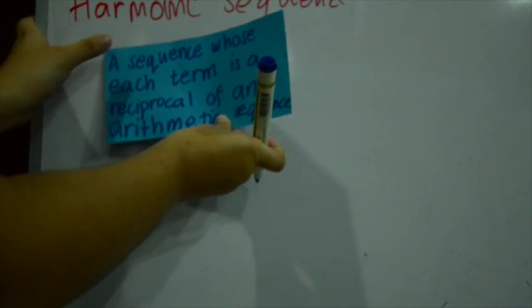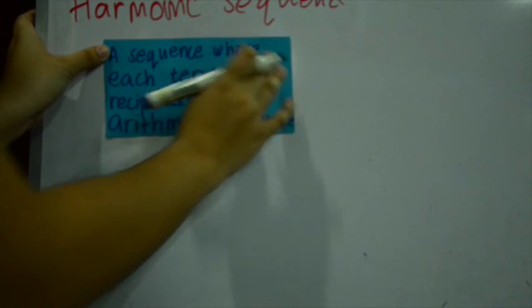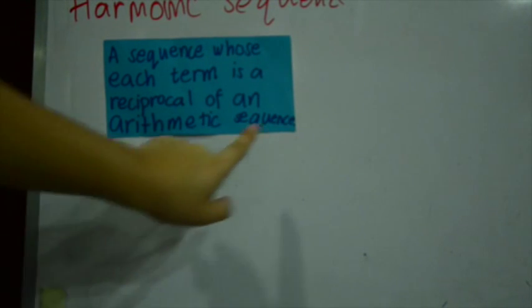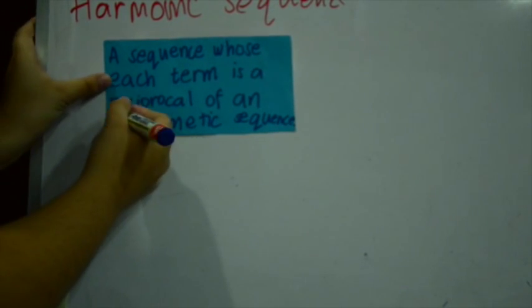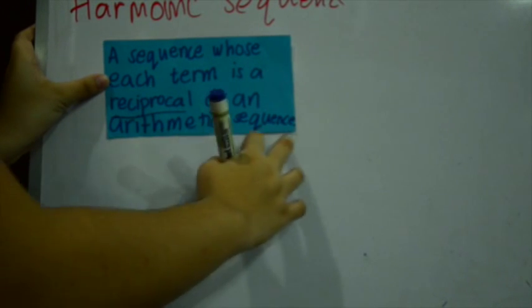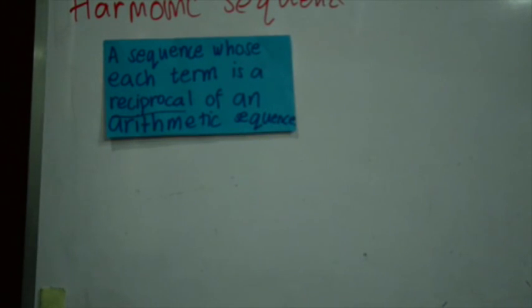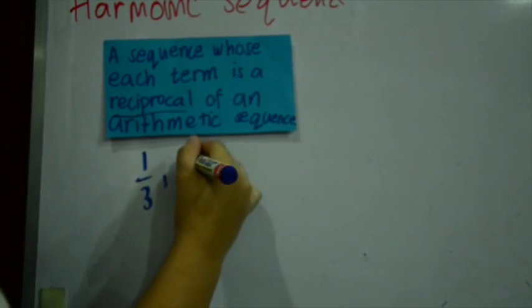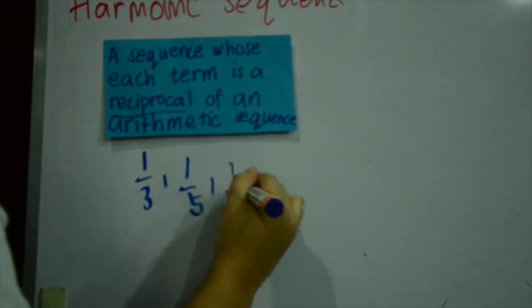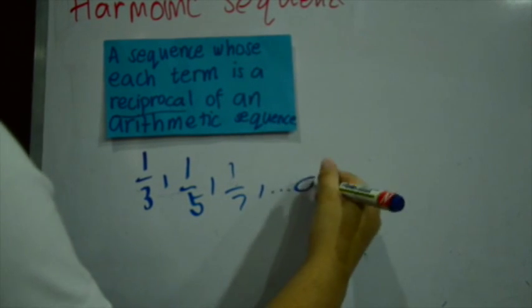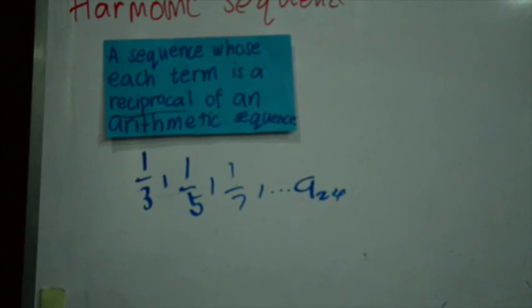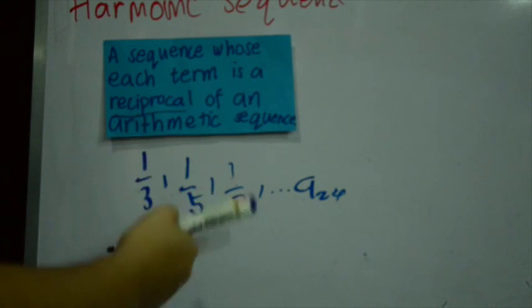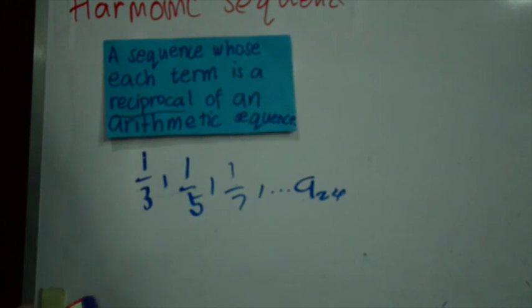Another type of sequence is what we call a harmonic sequence. By definition, a harmonic sequence is a sequence whose each term is a reciprocal of an arithmetic sequence. The key terms here are reciprocal and arithmetic sequence. Given that we have a harmonic sequence 1/3, 1/5, and 1/7, and we need to find a sub 24, the first thing that we're going to do is to transform this into an arithmetic sequence.